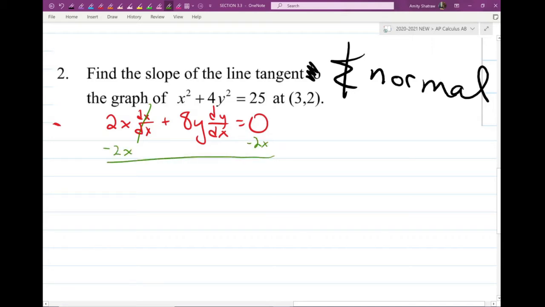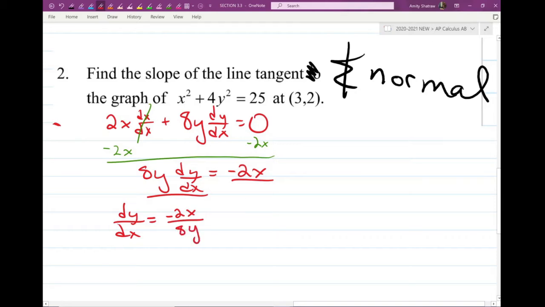And so I'm going to end up with this new equation, 8y dy/dx equals negative 2x, and I want to divide by that 8y. I'm not going to write that down just because of space. dy/dx really equals negative 2x over 8y, and this can be simplified into negative x over 4y.